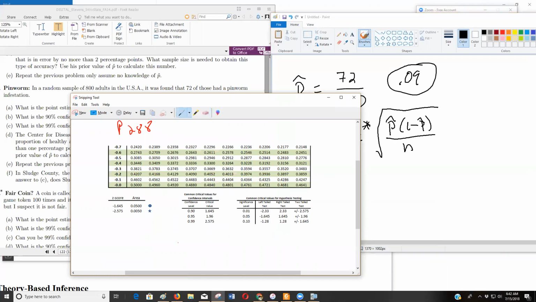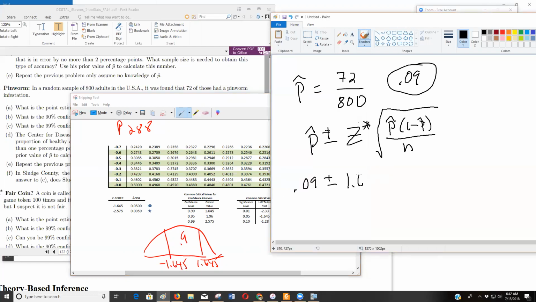Now, these occur because a z-score of 1.645 and negative 1.645 has 90% of the distribution falling in between those two numbers, just like a z-score of negative 1.96 and positive 1.96 contain 95% of them. So all we have to do is our critical value of z is the 1.645.